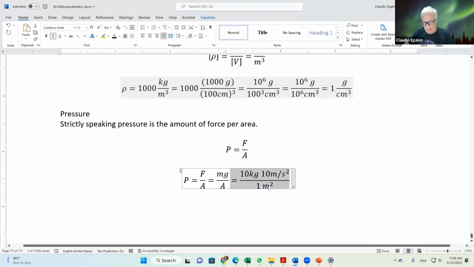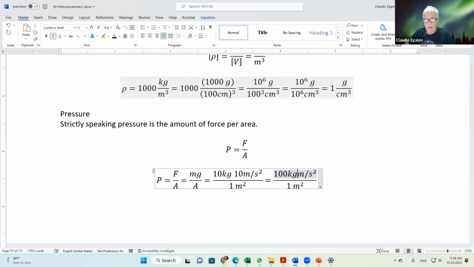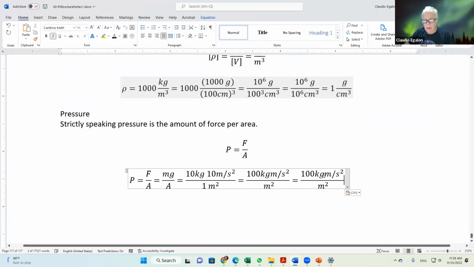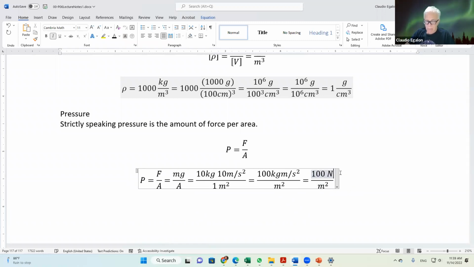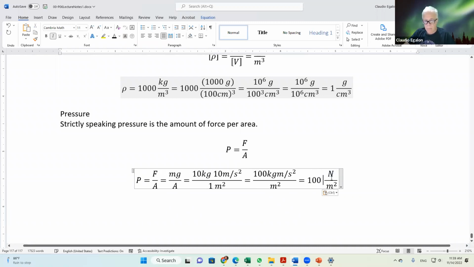If we go ahead and do this math, we get what? 100 kilograms meters per second square divided by square meter. Kilogram meter per second square is what? Is Newton. Newton per meter square is the unit of pressure.